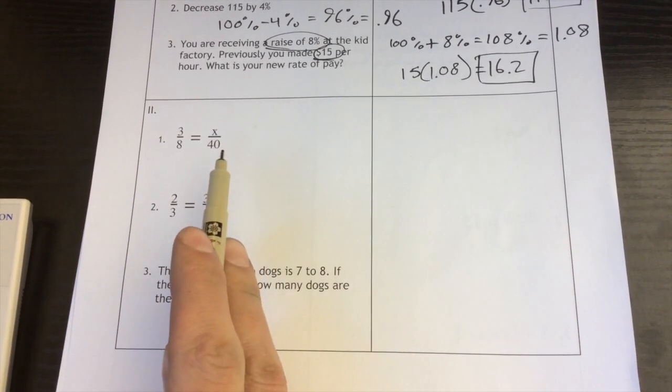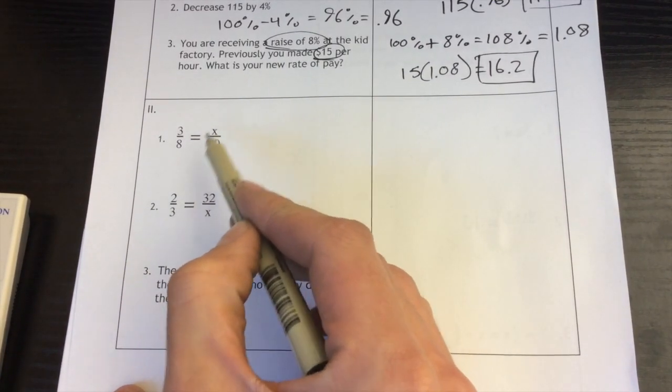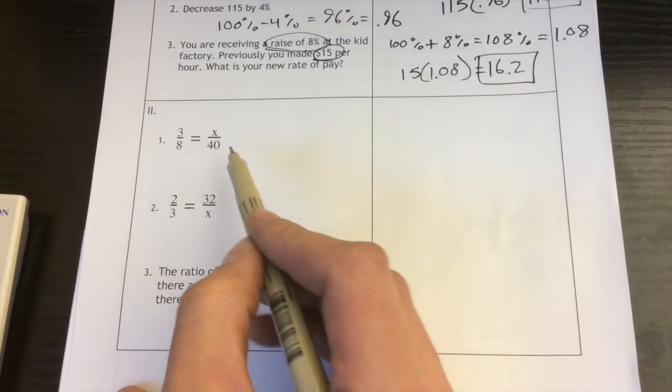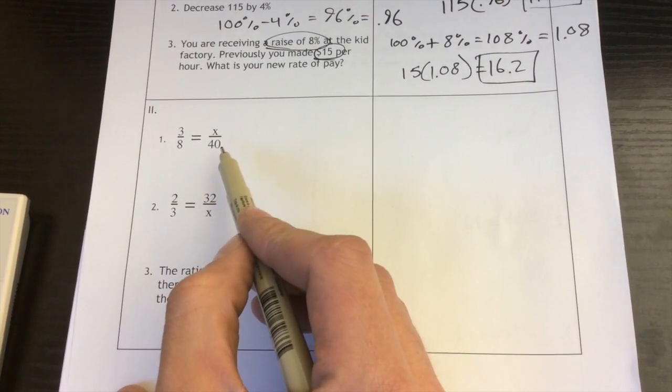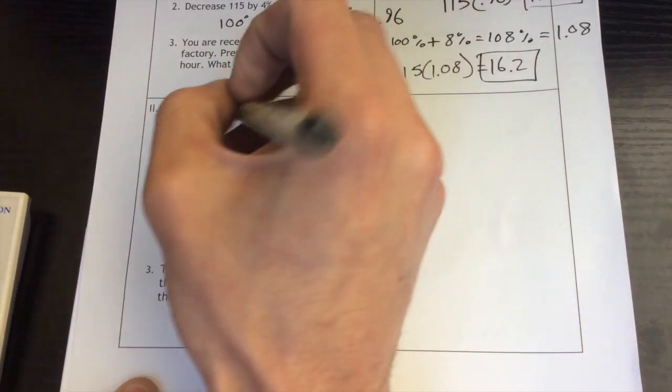On number 1, since the x is already in the numerator here, I just need to get rid of the 40 if I want x by itself. So I know that x is being divided by 40. So if I want to get rid of it, the inverse of dividing by 40 would be to multiply by 40.